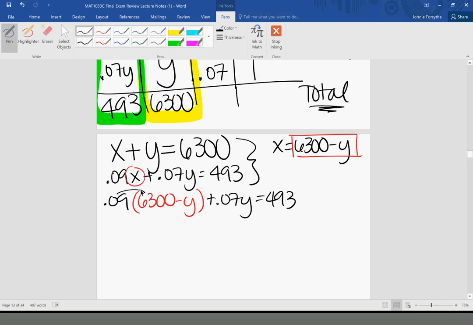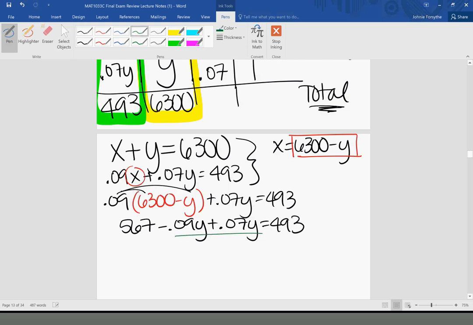So we're going to distribute 0.09 times 6,300. It's going to be 567. Distribute that 0.09 times negative y will be negative 0.09y. Then bring down that plus 0.07y equals 493.